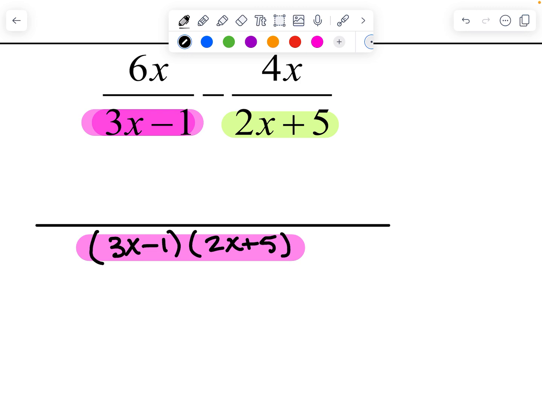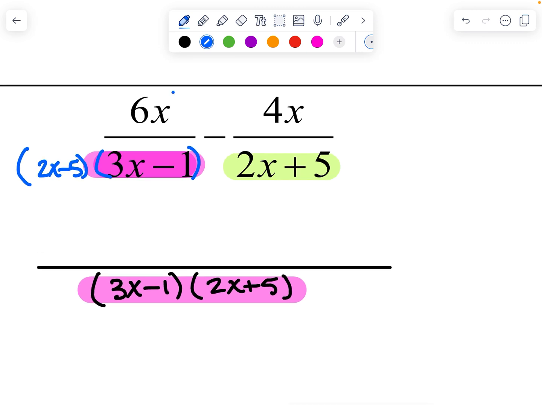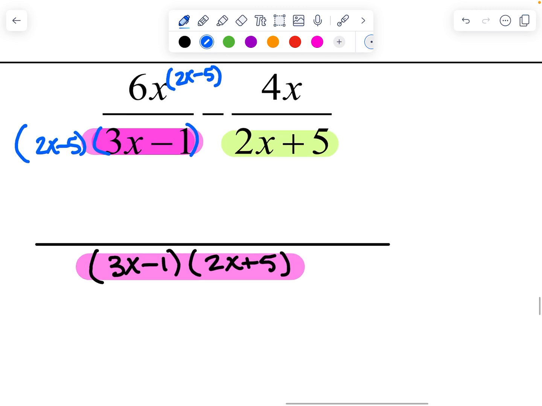I do that by multiplying this by 2x minus 5. And then the question comes, how do I turn this into all of this? The answer is, I am going to multiply all of this by 3x minus 1.